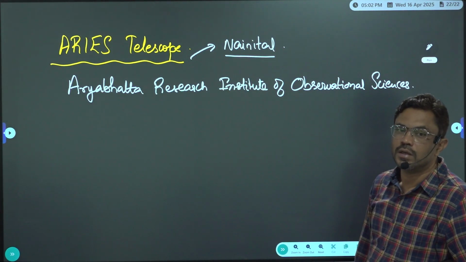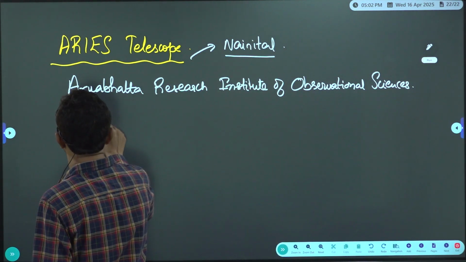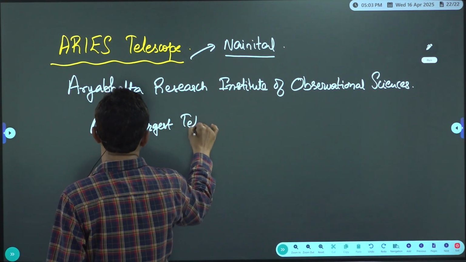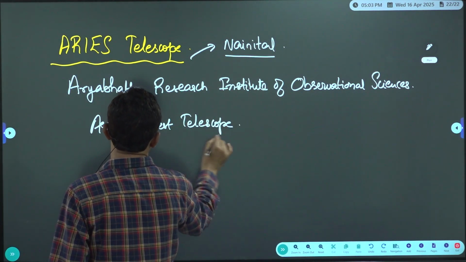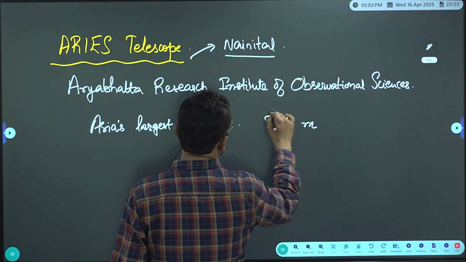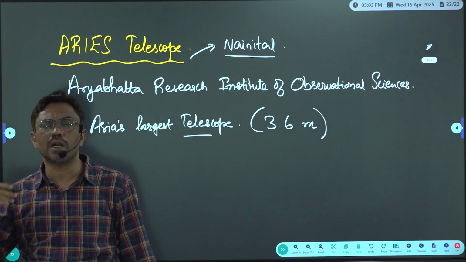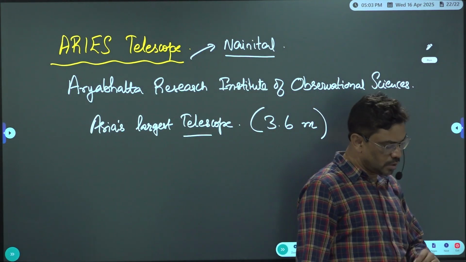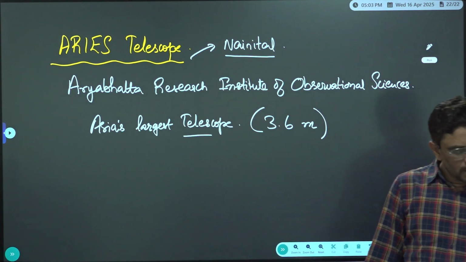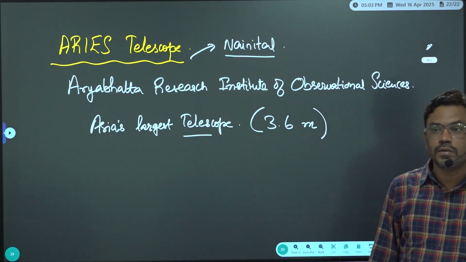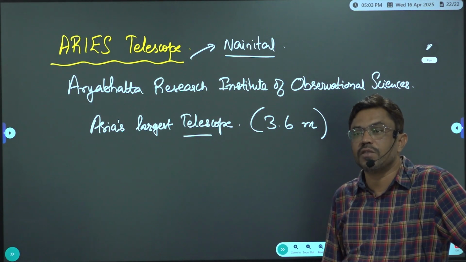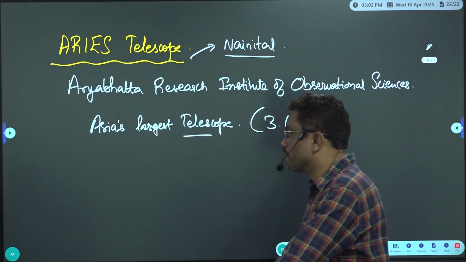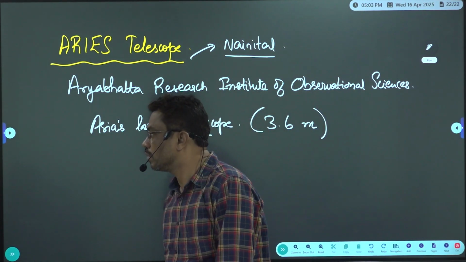It was Asia's largest telescope, with a diameter of nearly 3.6 meters. Before this, the largest was MAST. Just remember the ARIES telescope, which is located at Nainital, Aryabhatta Research Institute of Observational Sciences.